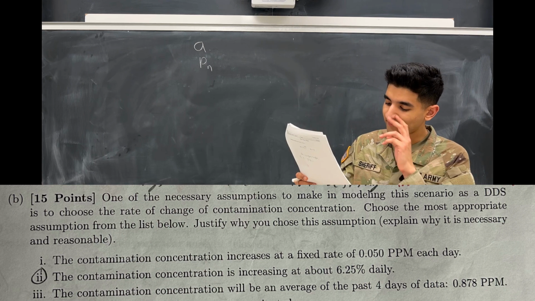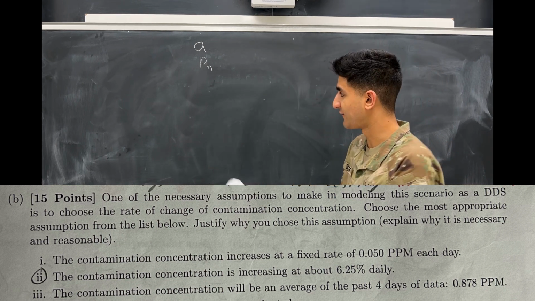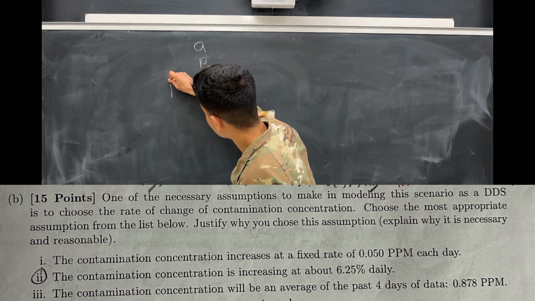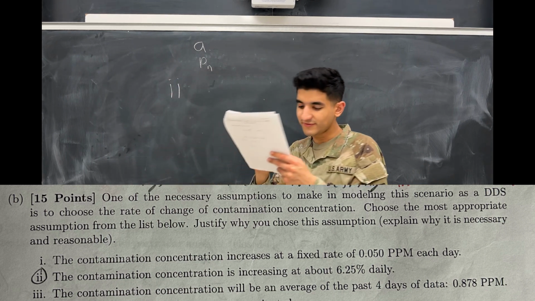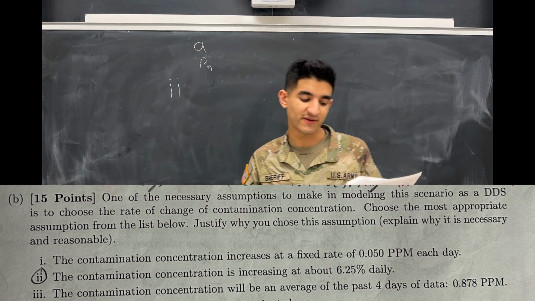So looking at all the options, we got number 2 is going to be the correct answer, and I'm going to justify it for you. So over here, I'm going to just put that number 2. Number 2 says the contamination concentration is increasing 6.25% daily.